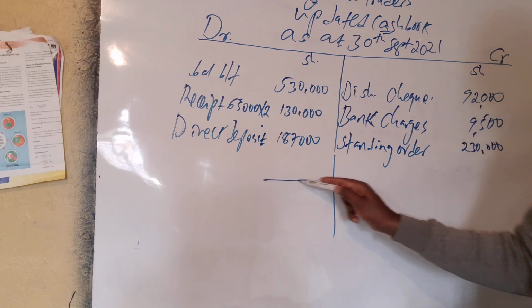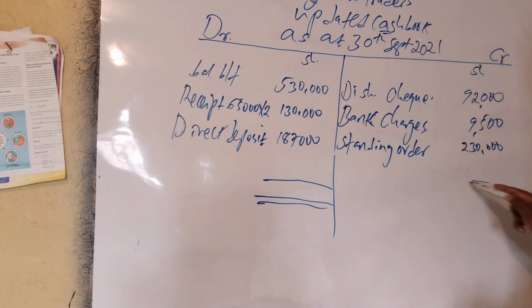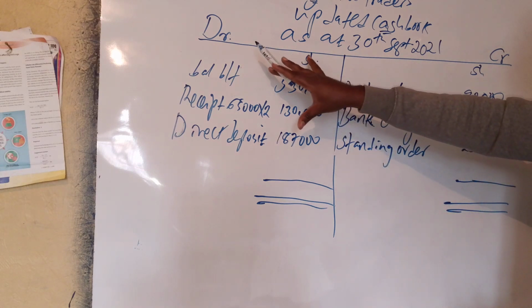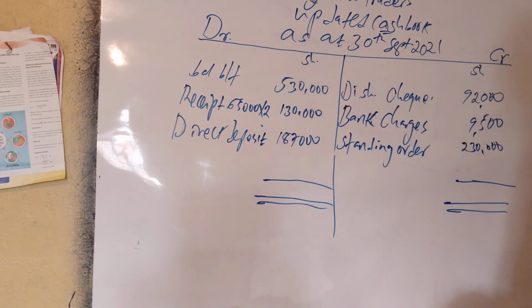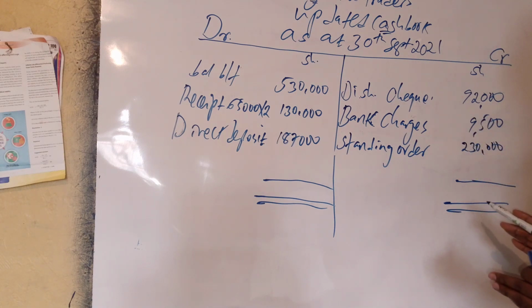From there, what is remaining is that we just balance our account. And this is how we balance our account. You find the total for the debit side, write it somewhere. Compute the total for the credit side, write it somewhere.